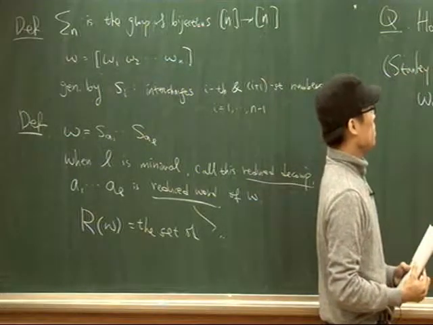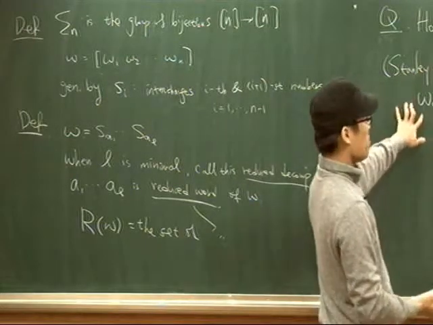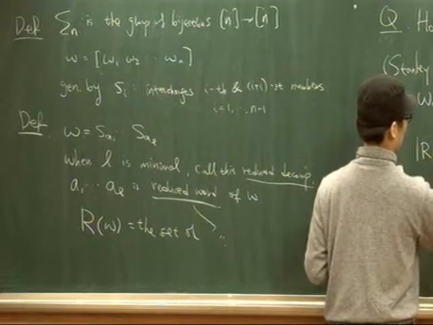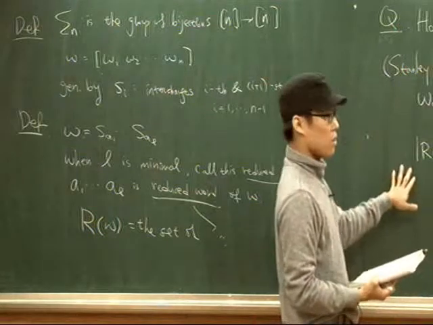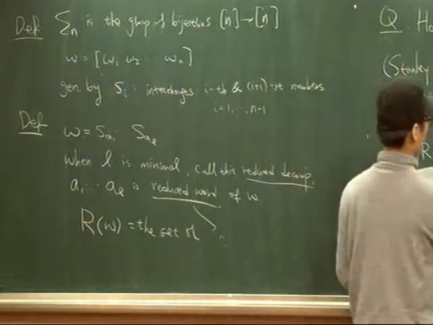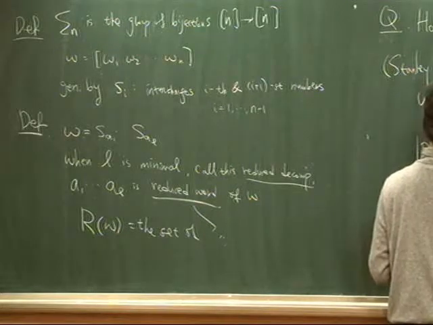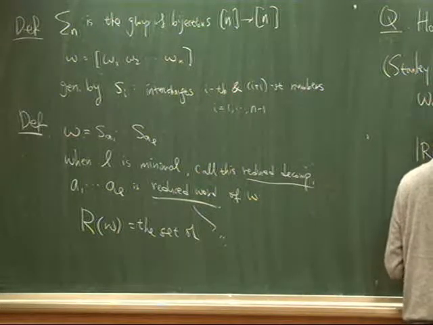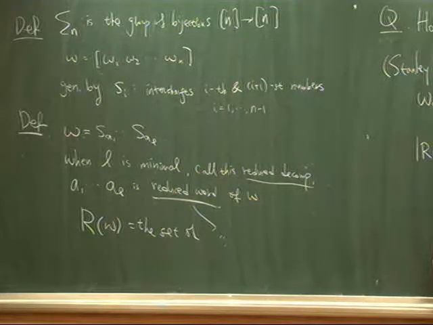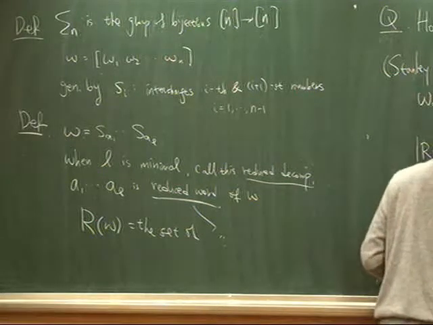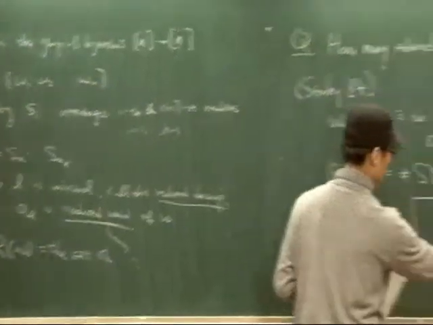When w0 is the longest element, the number of reduced words of w0 is the number of standard Young tableaux of shape (n-1, n-2, ..., 2, 1). I'll briefly explain what this is.